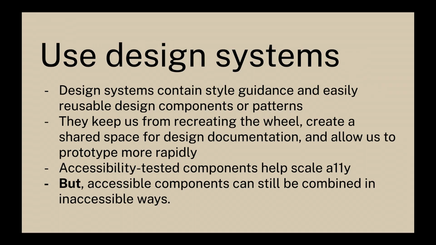Design systems are great because they create that shared space for documentation about design decisions. They also allow people to prototype more rapidly. For better and for worse, there are some drawbacks to that.